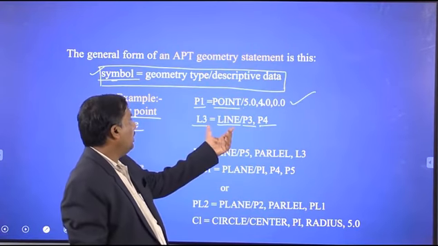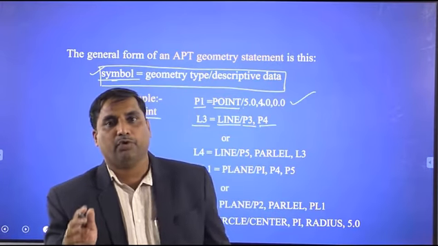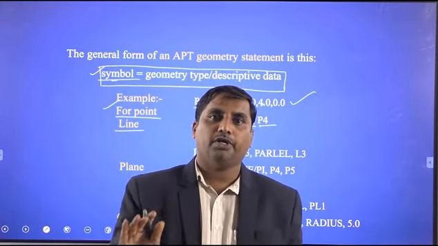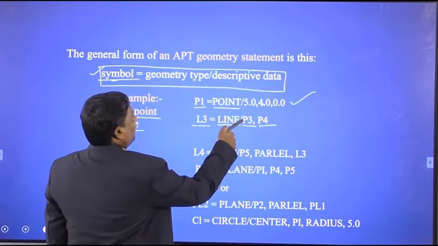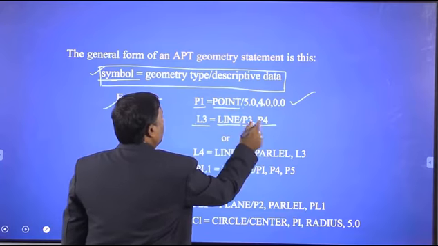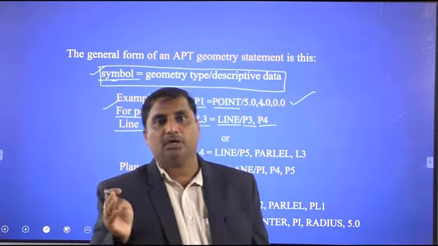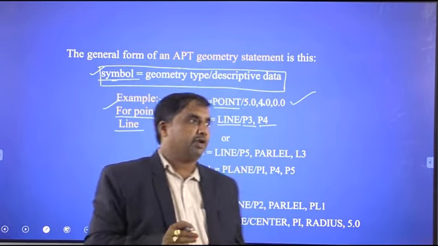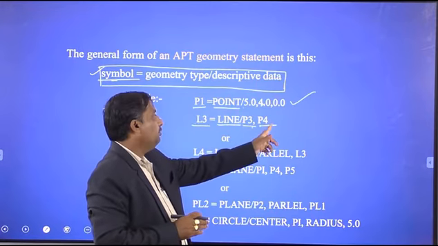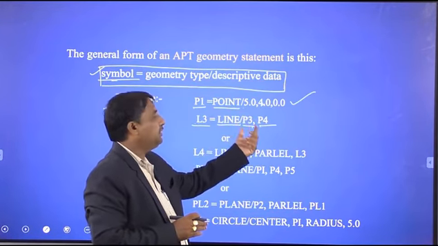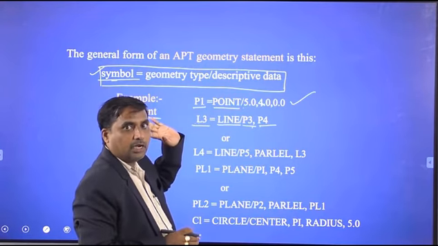That means here I am defining a line by using two endpoints. Before writing this statement, we have to define P3 and P4 above this L3. Once you define P3 and P4, then we go for the definition of the line L3 with endpoints P3 and P4. This is one way of defining the line.